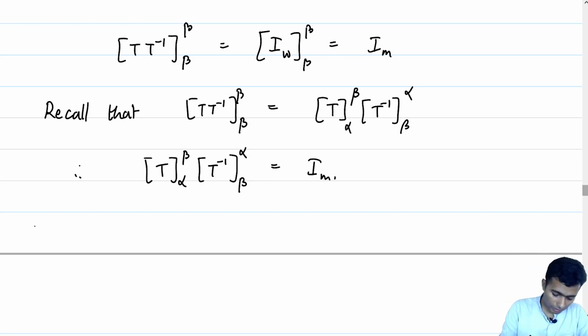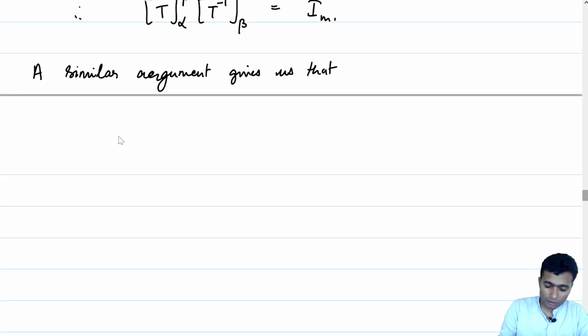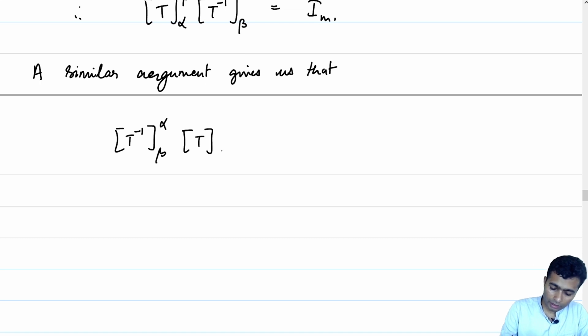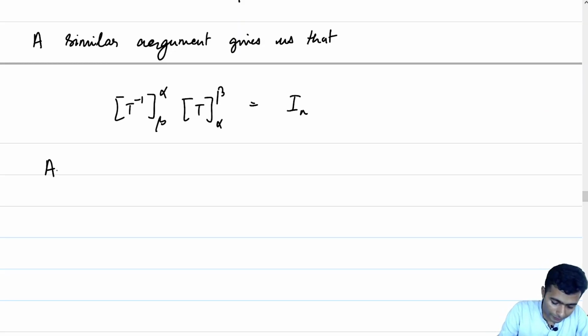A similar argument, let me just note it, a similar argument gives us that T inverse beta alpha T alpha beta is the identity matrix of size n, because T inverse T will just turn out to be the identity map of the vector space V, and this will hence tell us, and therefore, the matrix T alpha beta is invertible.